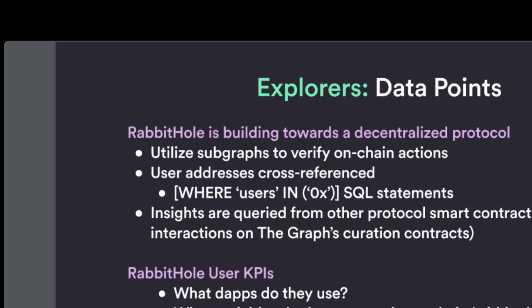If we were working with Aave and the quest was for lending and borrowing any token on the platform, we would find an Aave subgraph and look for a set of users that both verified that they completed the task on Rabbithole and cross-reference those to the subgraph. So when you're doing Dune queries, you actually have to cross-reference this list of users. We typically use a WHERE users IN clause and then a whole list of addresses as the SQL statement.